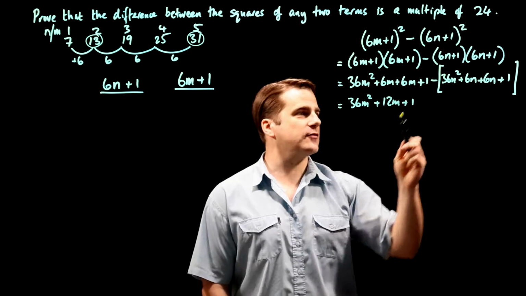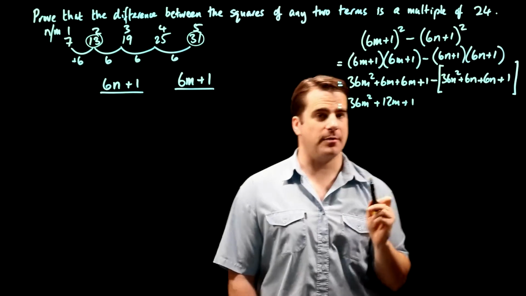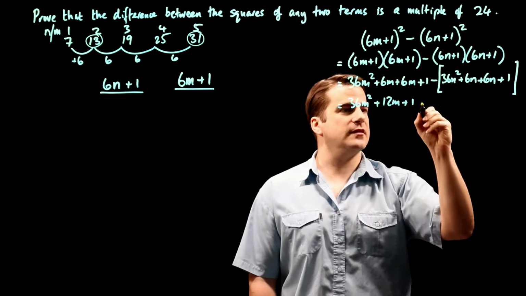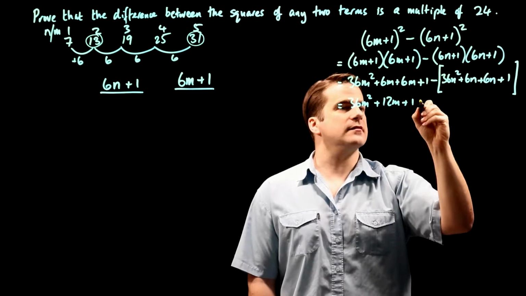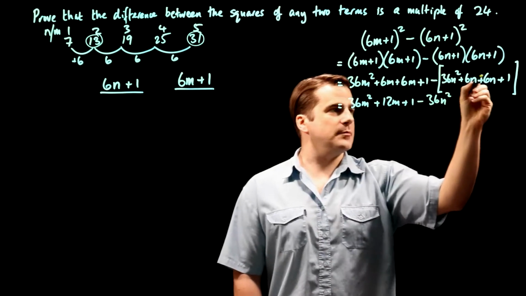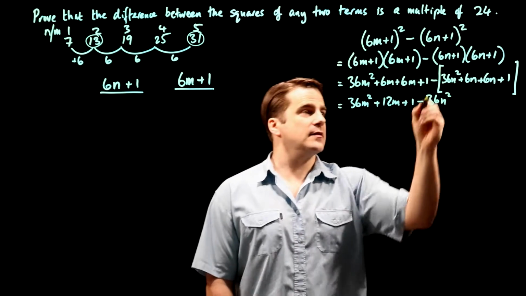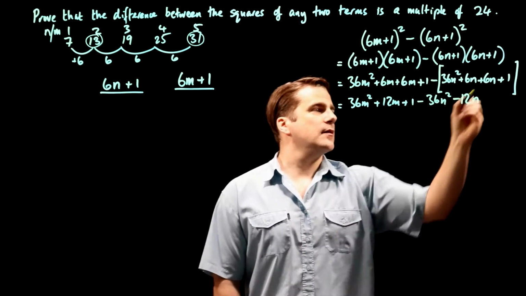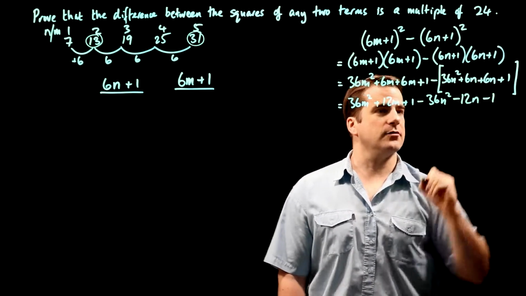I think we're good enough to be able to combine terms and multiply by minus 1 at the same time. So let's do it. Minus 1 times 36n squared is minus 36n squared. 6n plus 6n is plus 12n, times minus 1 is minus 12n. Plus 1 times minus 1 is minus 1.